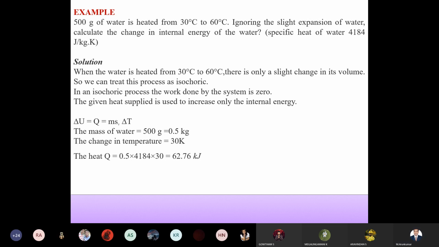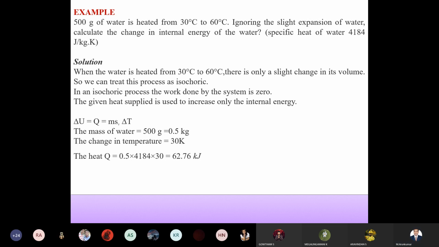So the given data: we can have the mass 500 grams, then we can have a temperature T initial, T final. Also they stated ignore the slight expansion of water. So we can neglect the expansion of water, and we have to calculate the change in internal energy.